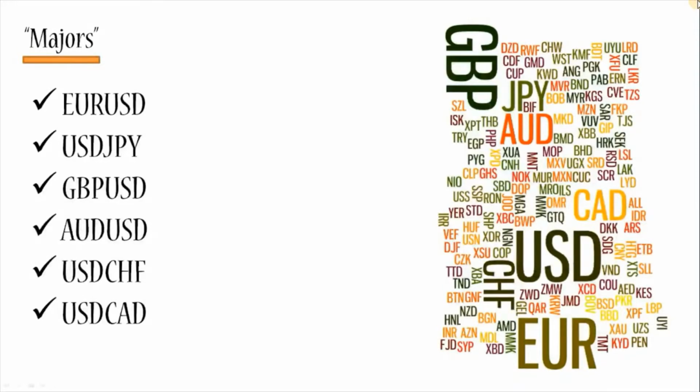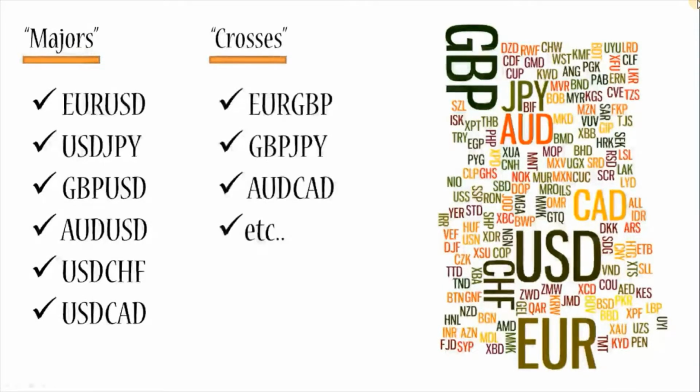And also the second group is the crosses. Crosses are simply put all currency pairs that do not include the American dollar, such as the euro-British pound, yen, Australian dollar, Canadian dollar, and so on. And of course there are also all other currency pairs.